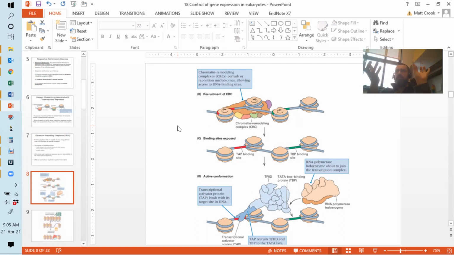So now we're going to rotate those histones around, just as you can wind a bit of rope or thread around a bobbin.